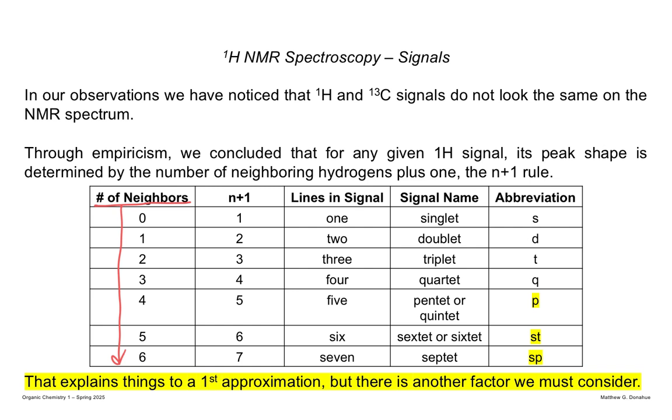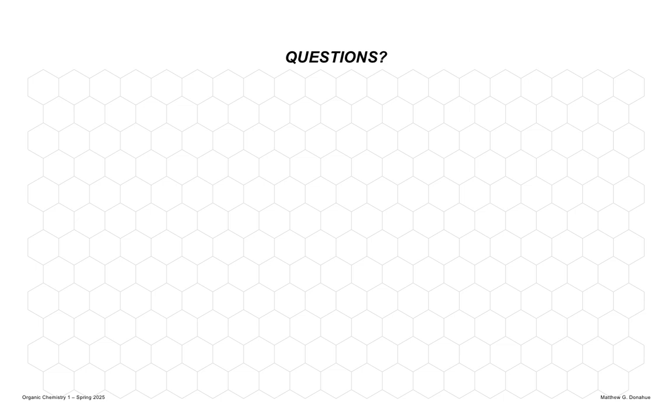So there's the names. You definitely want to remember singlet, doublet, triplet, quartet. And again, how you can back infer about the signal you're looking at. Any questions?